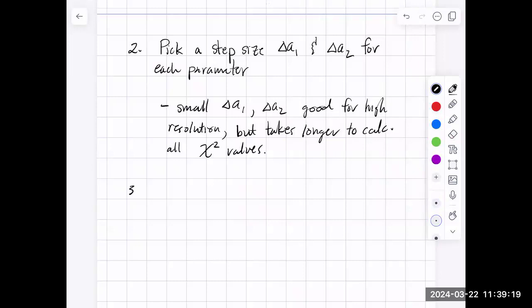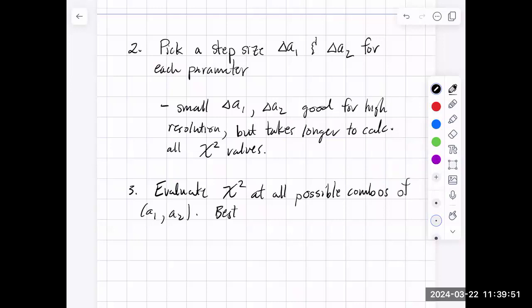So step 3 is now we have our range, we have our step size, and we just calculate chi-squared for all possible combinations of A1 and A2. So we evaluate chi-squared at all possible combinations of A1 and A2.